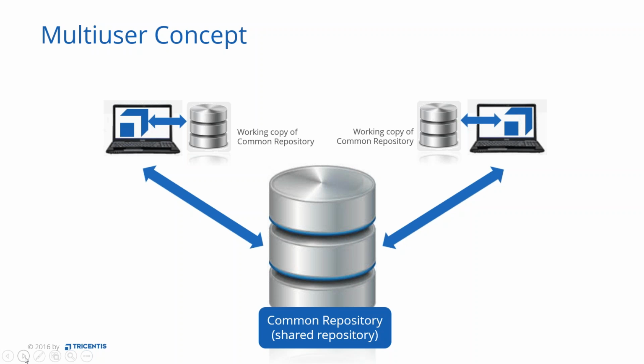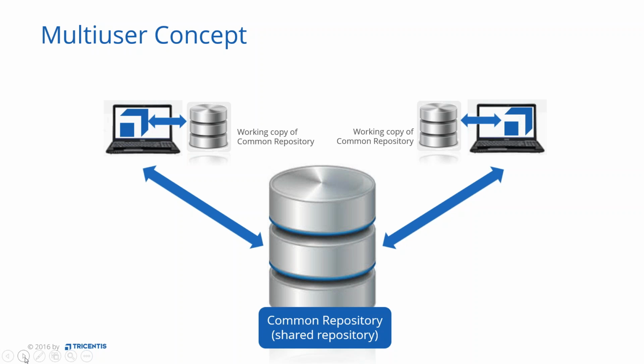So you will then have your own working copy of the common repository on your computer. All the changes that you make are done locally, on your machine. When you're finished with them, they need to be uploaded to the common repository, so the common repository has the most up-to-date central information for use by everybody else.